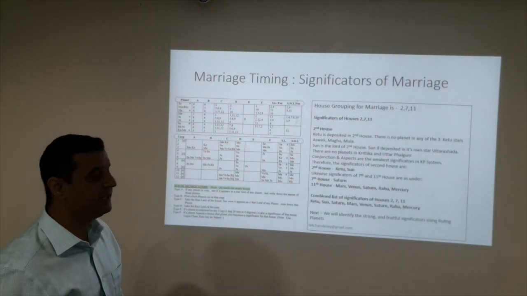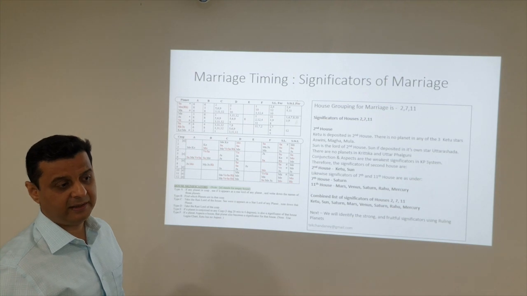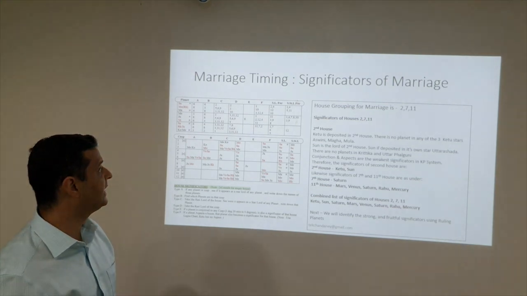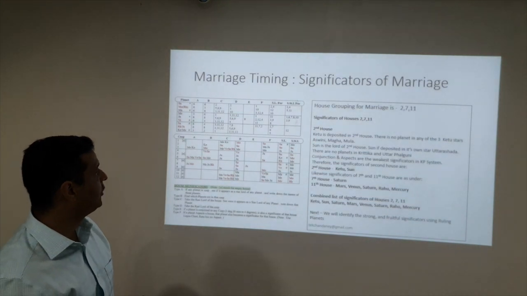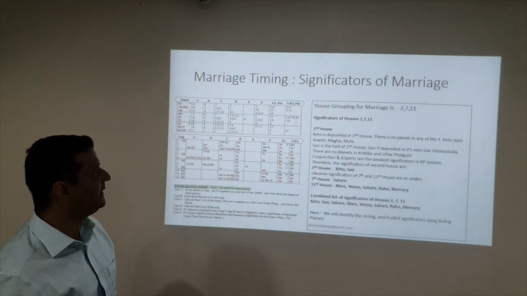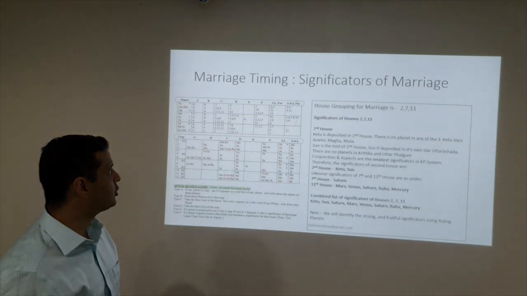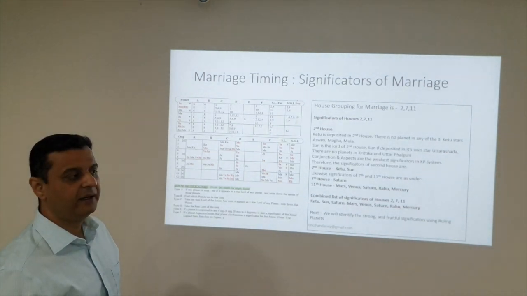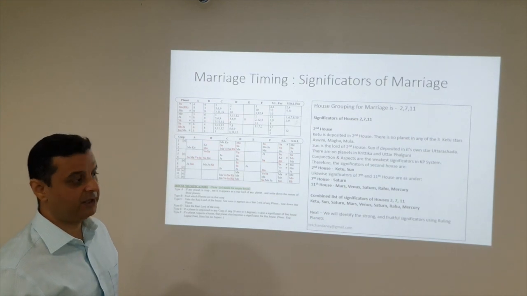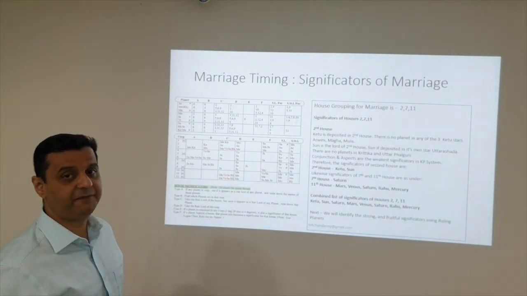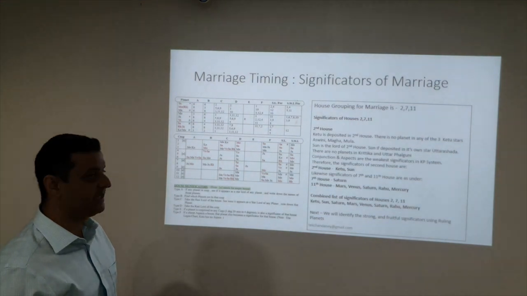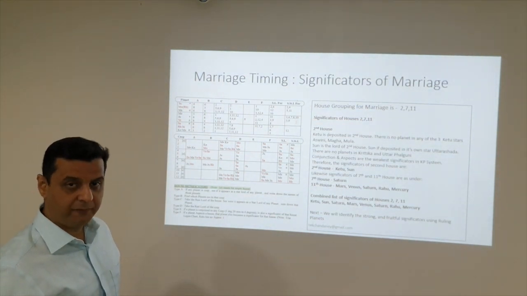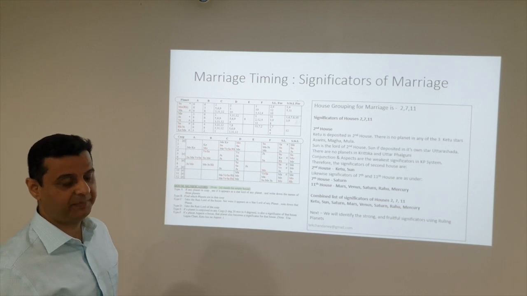So typically a KP software will generate a list of significators and classify them as A, B, C, D, E and F, A being the strongest, and as we move towards B, C, D, the strength of the significators comes down. However, every significator indicated in this table will take part, or will contribute to the marriage taking place.